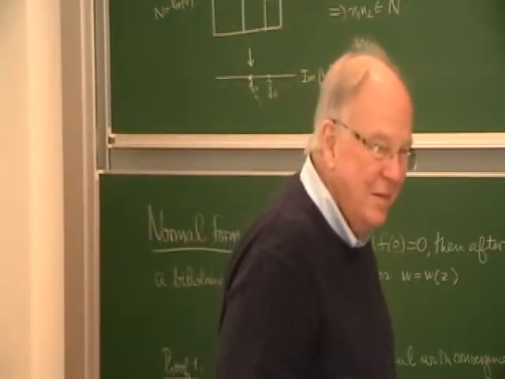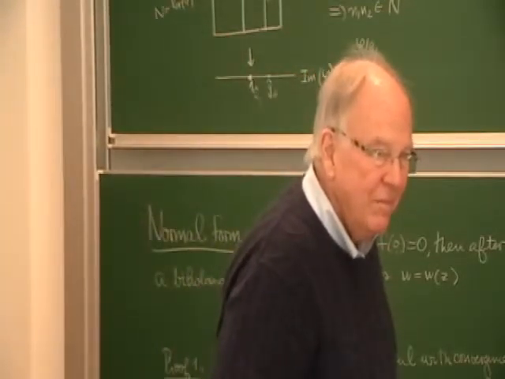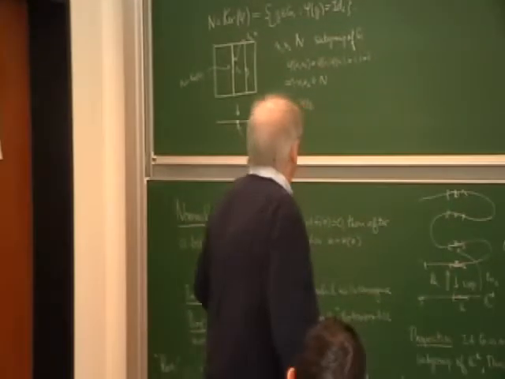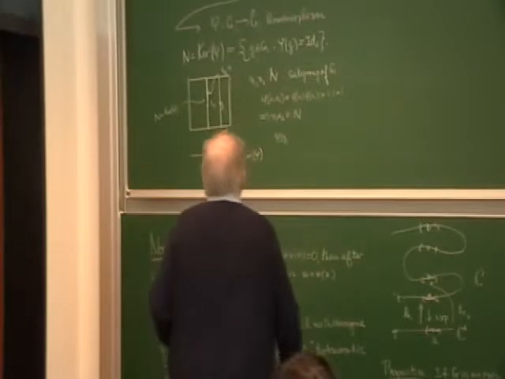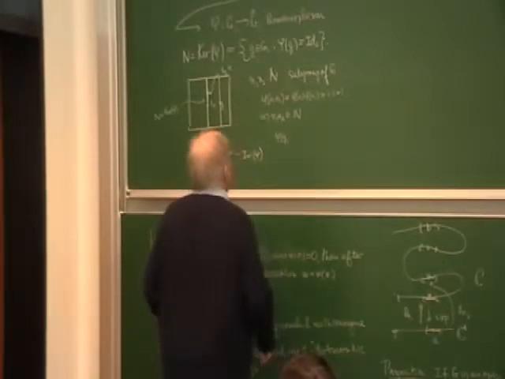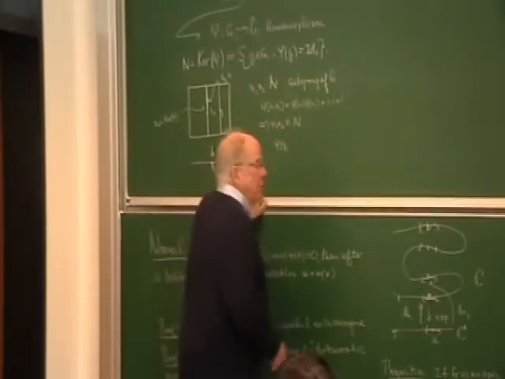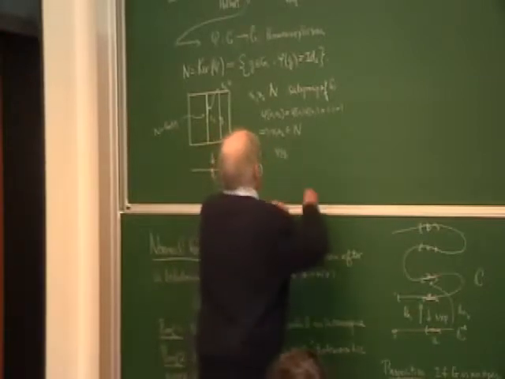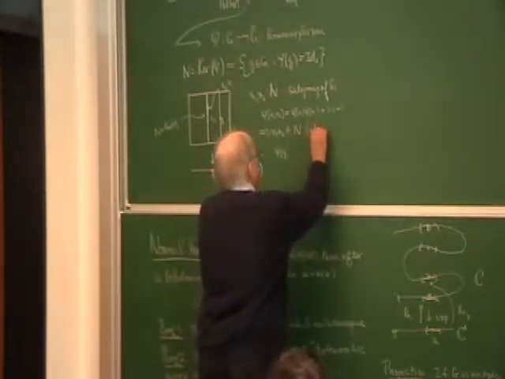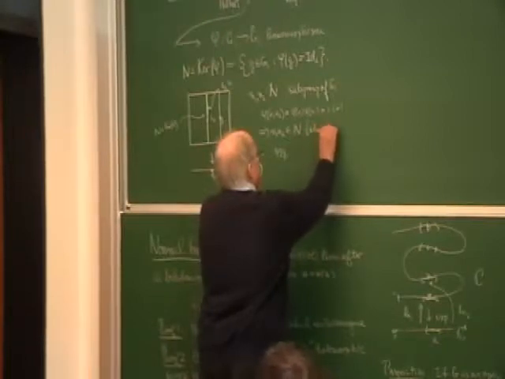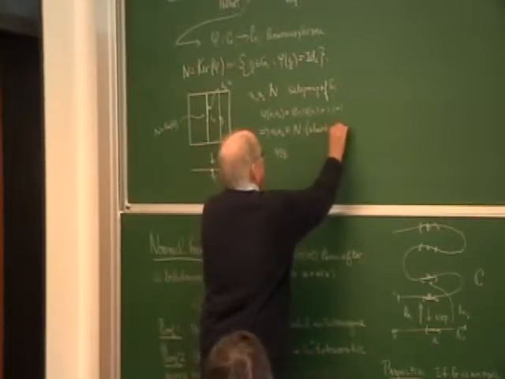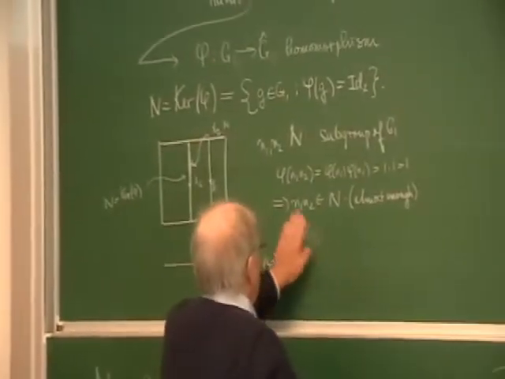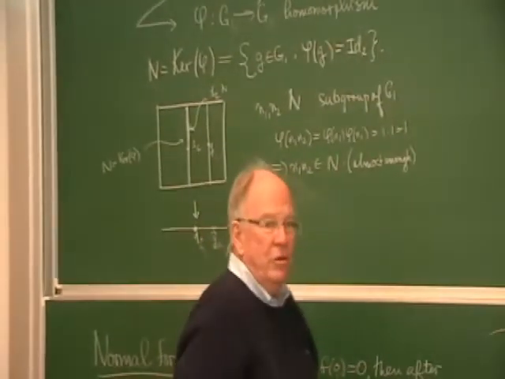Minor remark. To check if something is a subgroup, you need to ensure that n1 times n2 inverse is in n. You need to show that n1 times n2 inverse is in n because you need to know that it's closed under inverse. Okay? So this is almost enough. If you look at Z with addition, the positive integers... Yeah, but you can check.